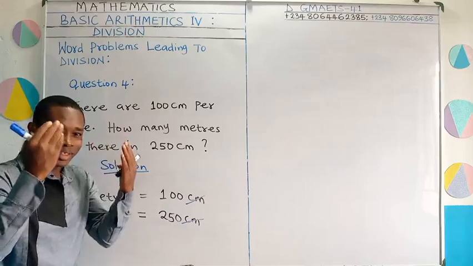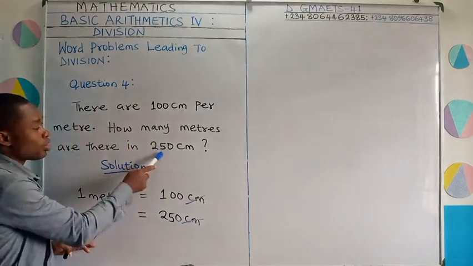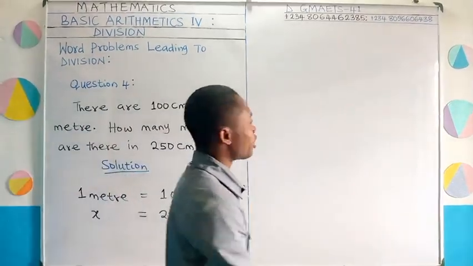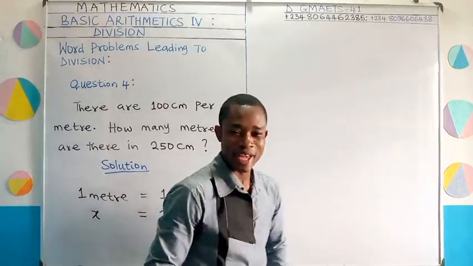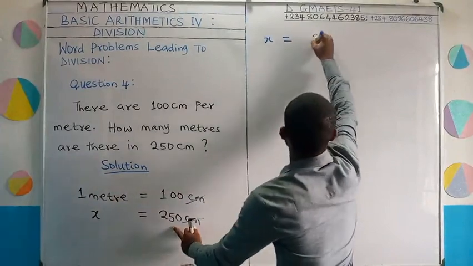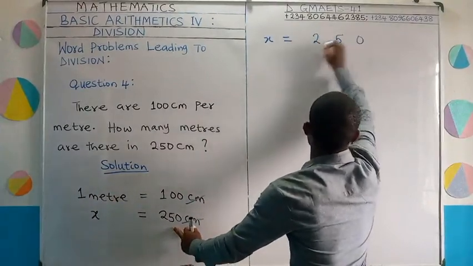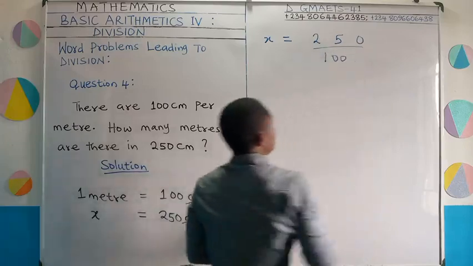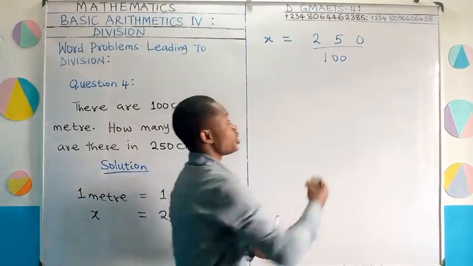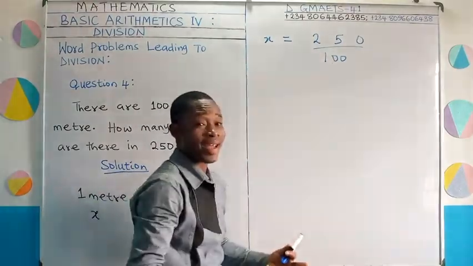So what does that tell you? This question is simply to divide this 250 by 100 to get your answer. I think you can do the cross multiplication on your own. I'm going straight. X here will be equal to 250 divided by 100. Working on this, 250 ends with 0 as its last digit, 100 ends with 0 as its last digit.